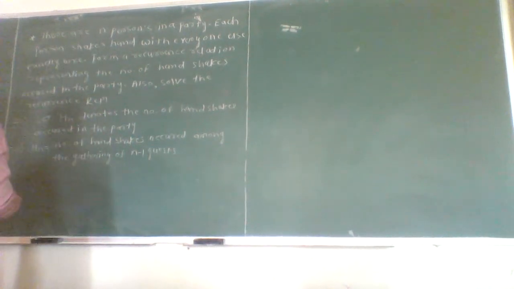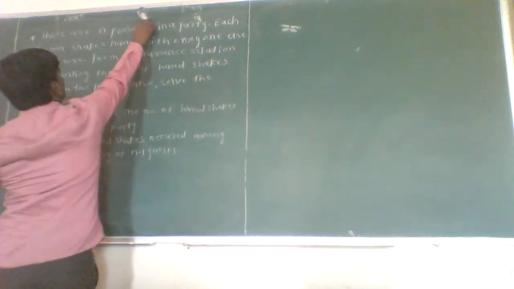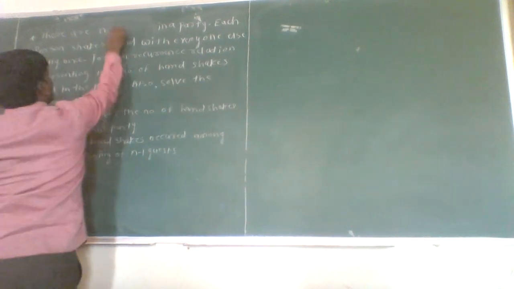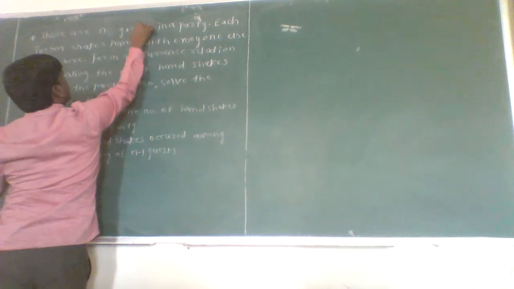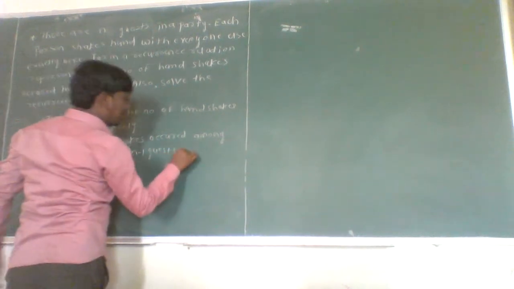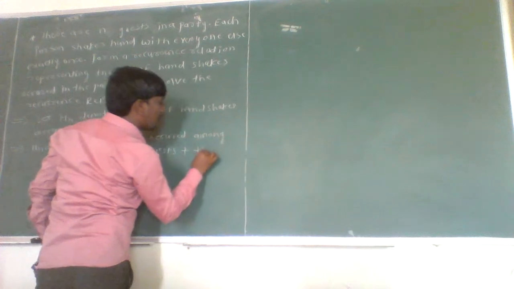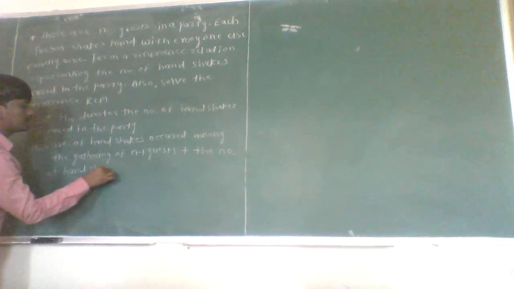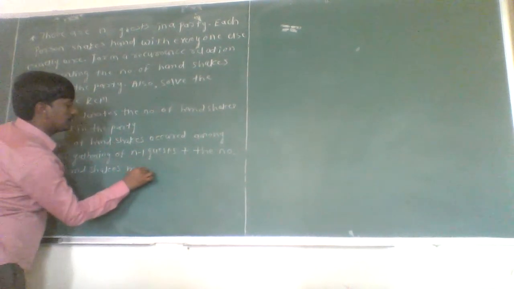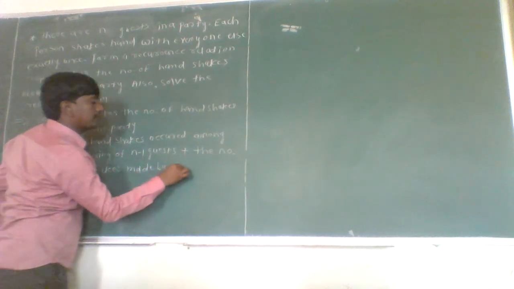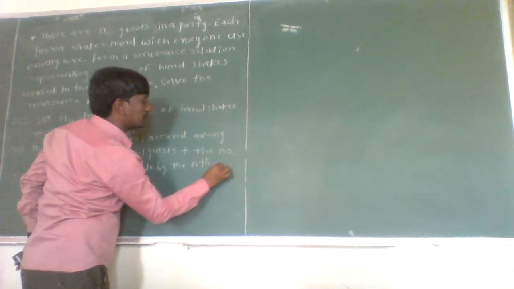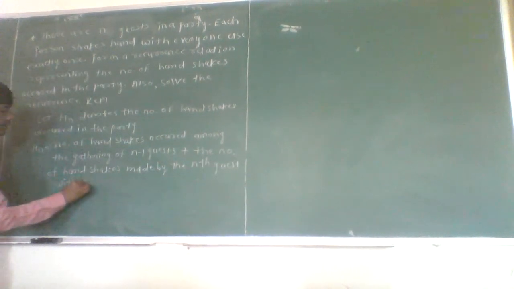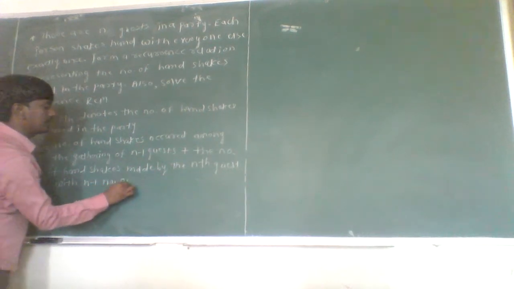Instead of persons, let us take guests. Suppose there are n guests, plus the number of handshakes made by the nth guest with n minus 1 number of guests.